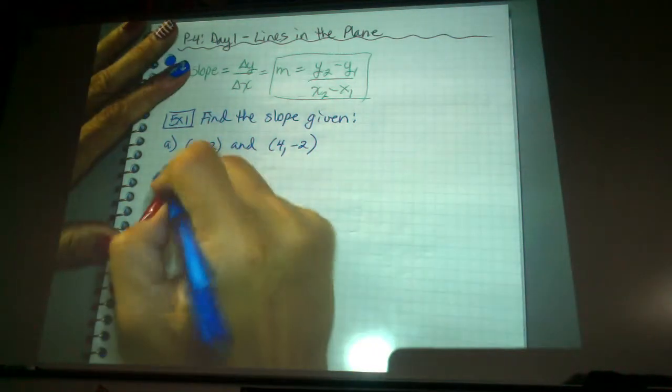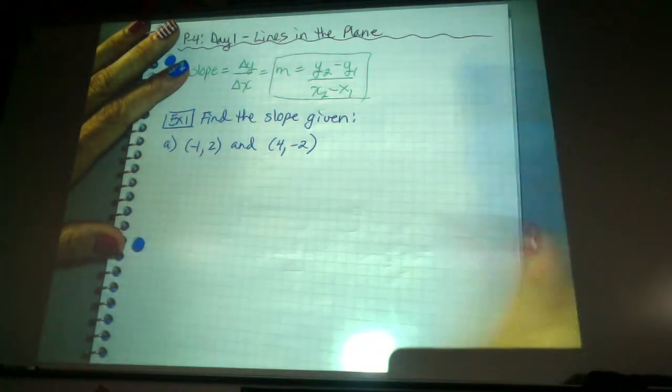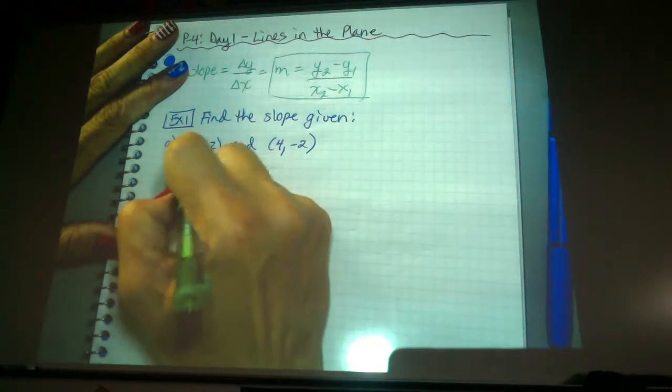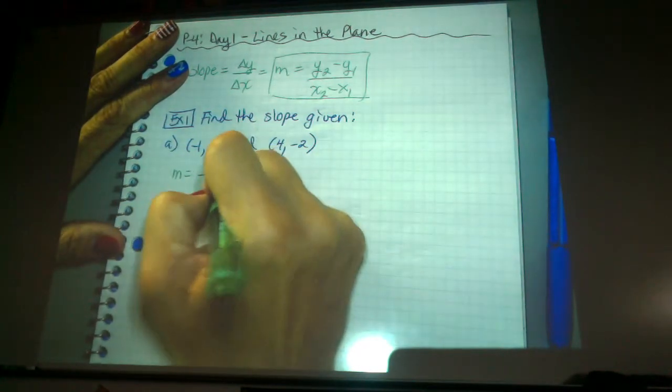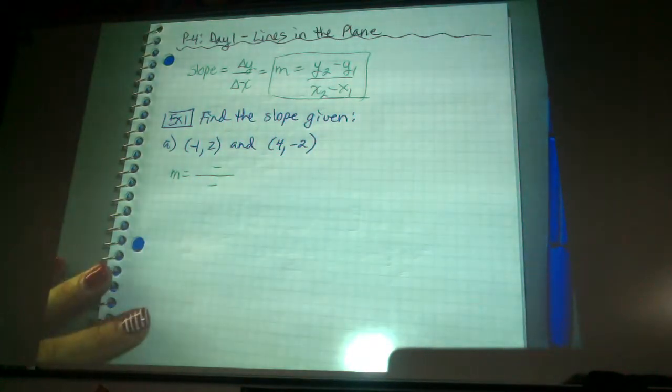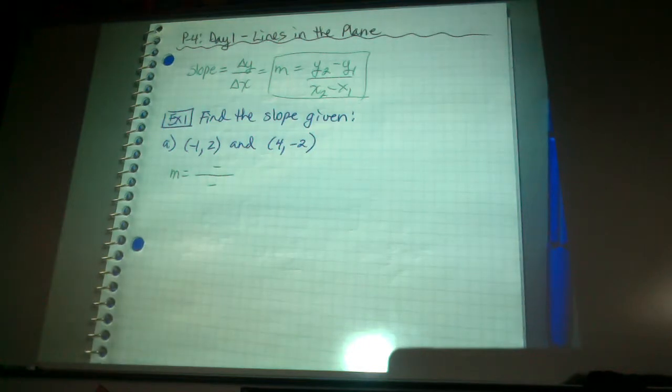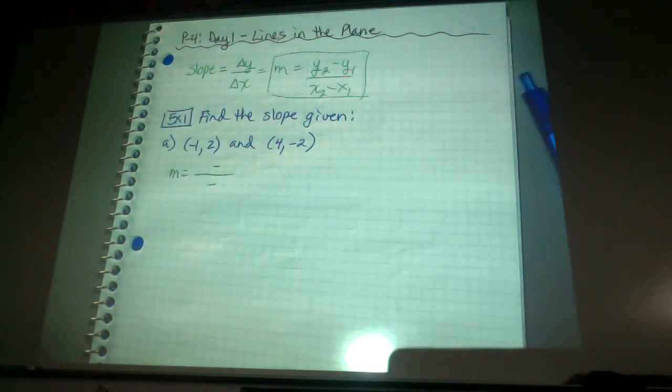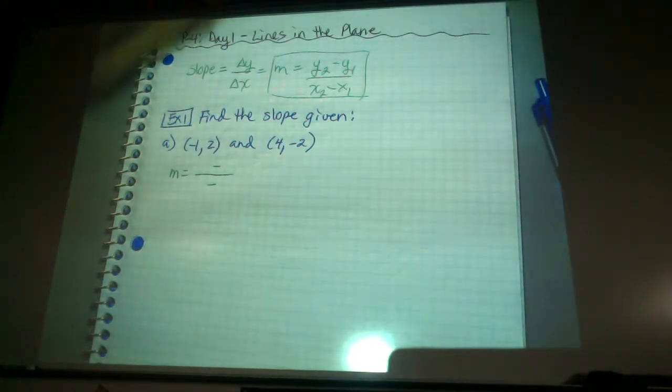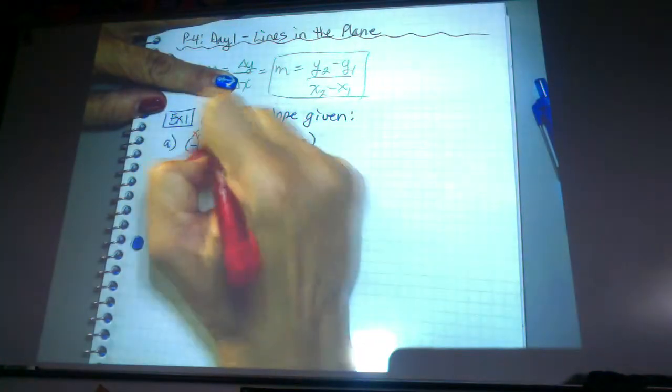I would suggest that you use a template, especially because the slope formula has negatives in it, and you have been given negative numbers within the points. So it would be beneficial if you started off with the template first and then plug in your points.